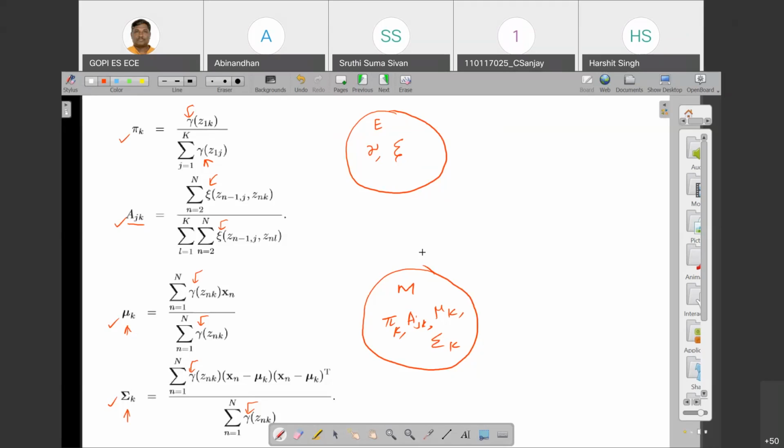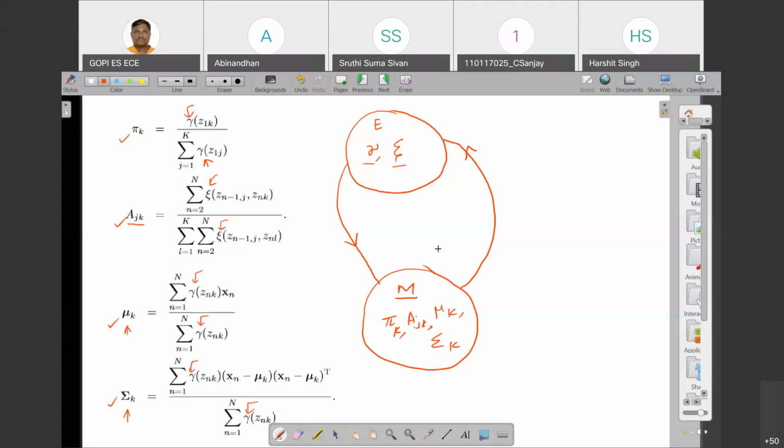So it is like a loop. You are initializing, getting the expected value of gamma and zeta. Using that, you maximize that function so that you get these parameters. These parameters are helpful in updating the expected value of gamma and zeta. So this is in the loop: this is expectation and this is maximization.